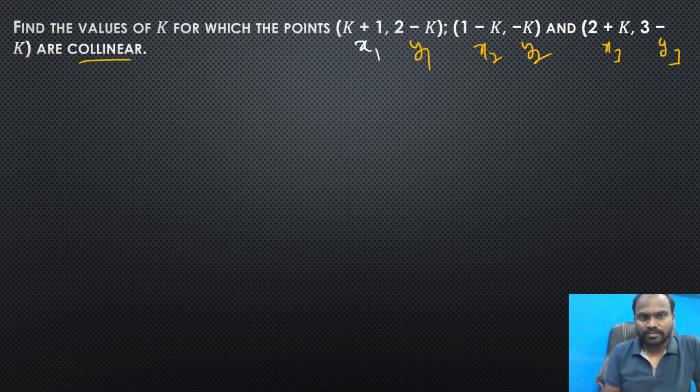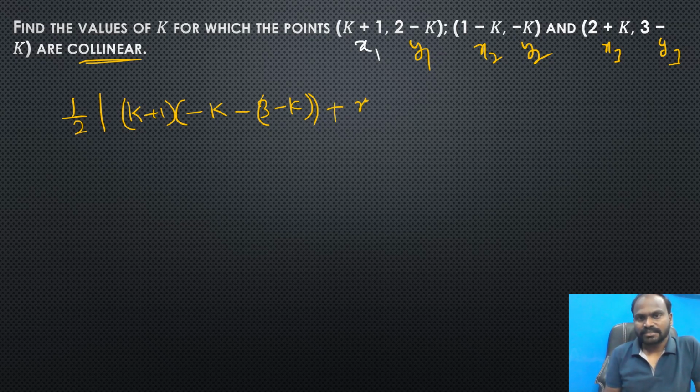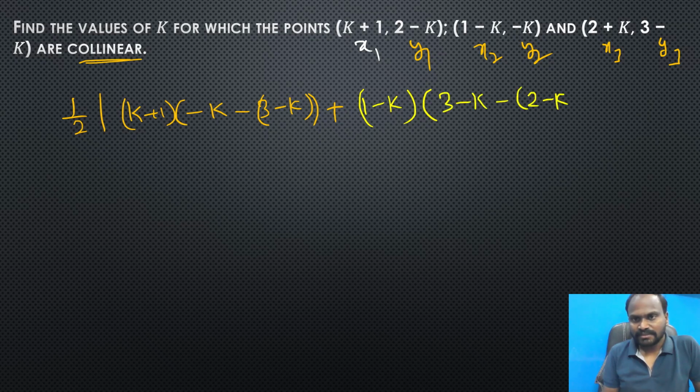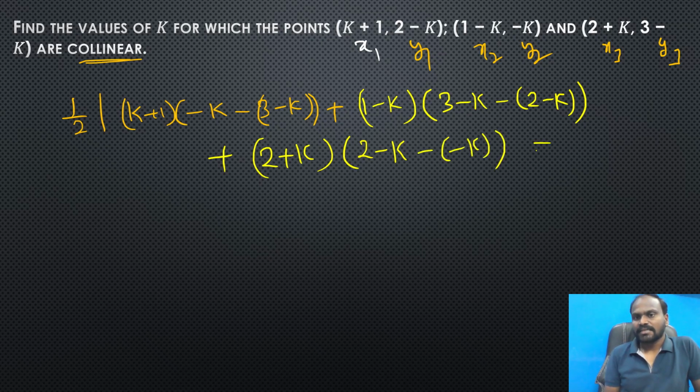Since we are talking about collinearity, half of what is the formula? x1 into (y2 minus y3) plus x2 into (y3 minus y1) plus x3 into (y1 minus y2) equals 0, because they have given collinear, so the area of triangle is equal to 0.